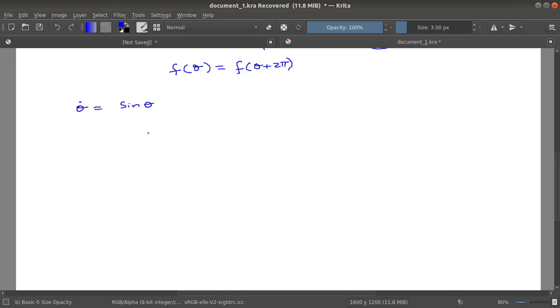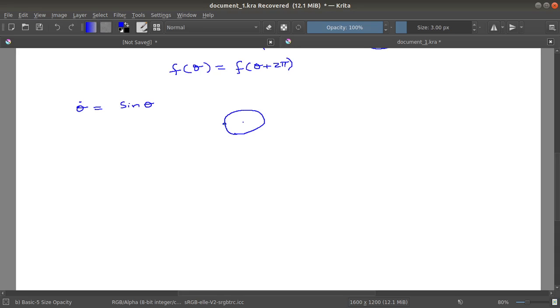let me try to draw one more circle. Fine. So one is minus pi, which is this point. Another one is pi, which is also this point.